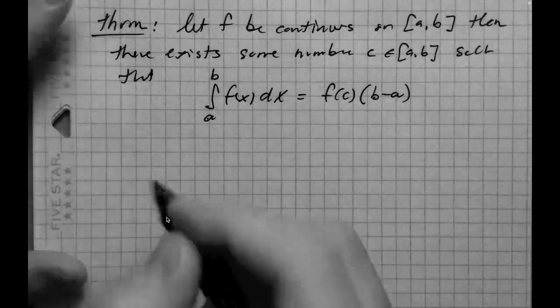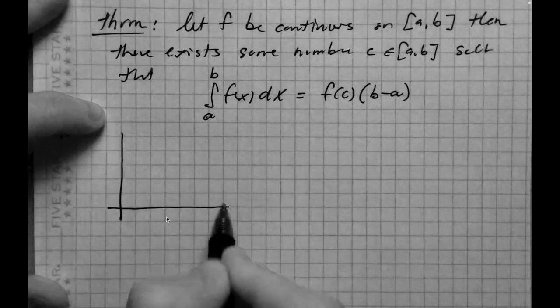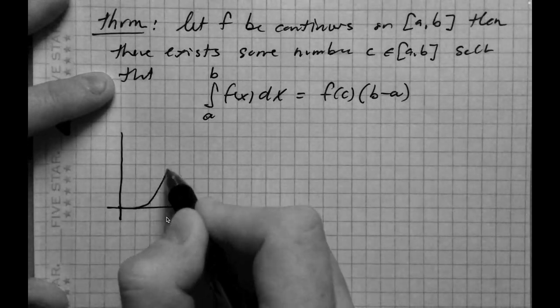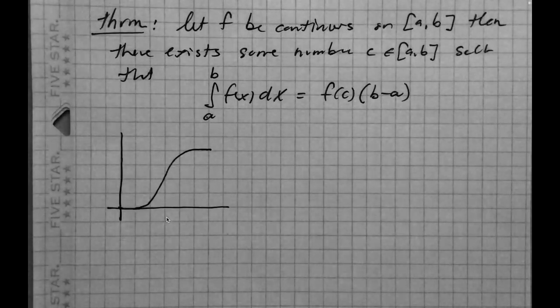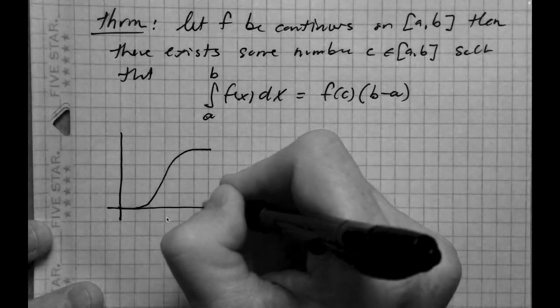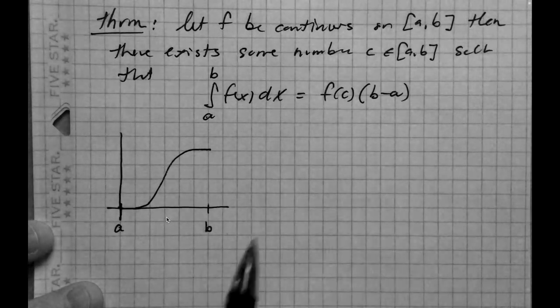So what does this mean? Let's draw a picture, because I think motivating what this is describing can be really helpful, right? So I've got some function here, and I've tried to make it look a certain way. So let's say this is a down here and this is b up here.